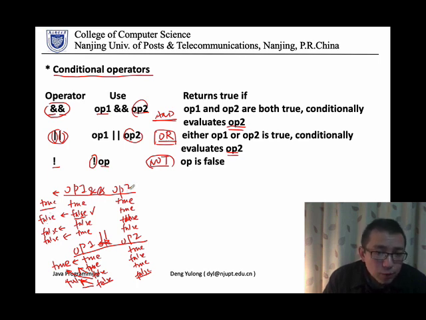So the second operand will not be evaluated in this case. Okay? So this is what conditional means.